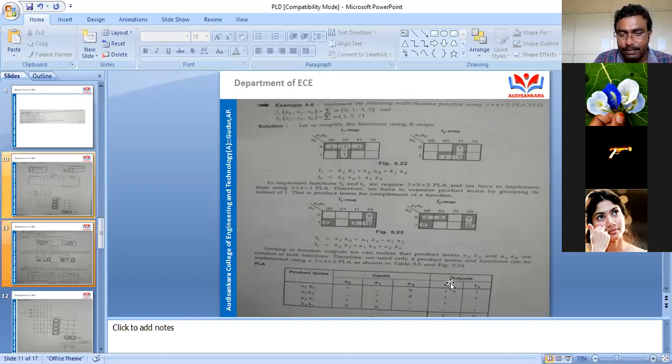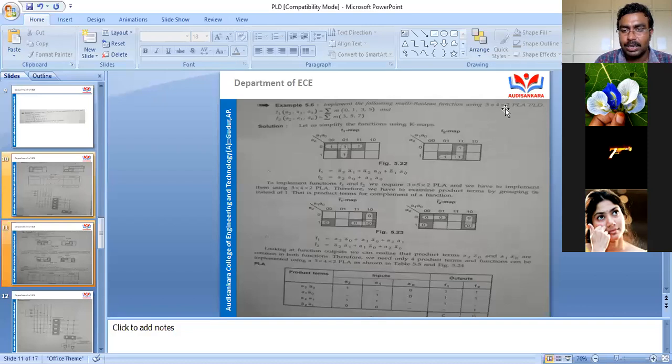Since we are designing the functions F1 bar and F2 bar here, you have to place C and C here. Since you are designing F1 bar and F2 bar instead of F1 and F2, you need to place C and C here. Students, do you understand where I have to place C?